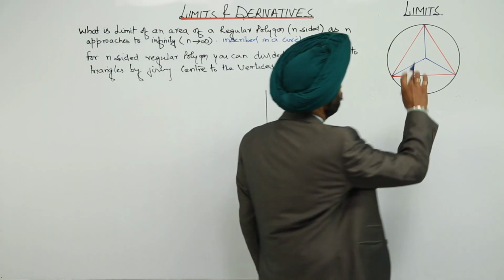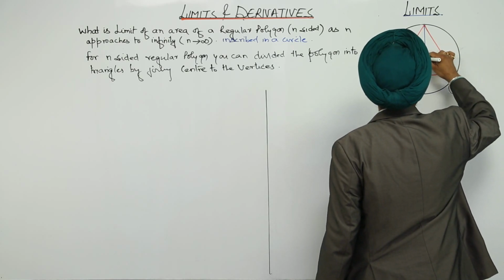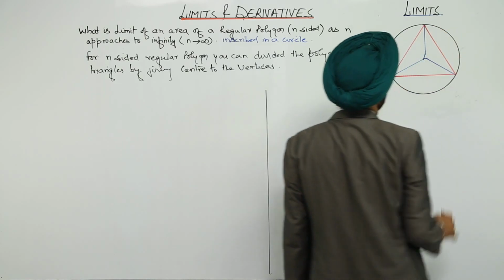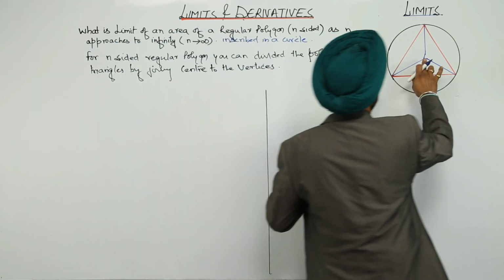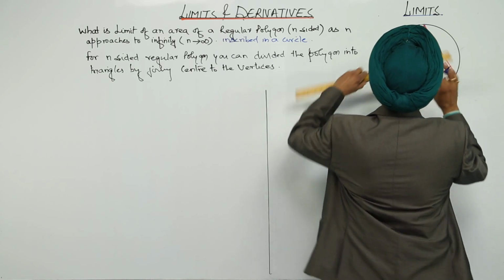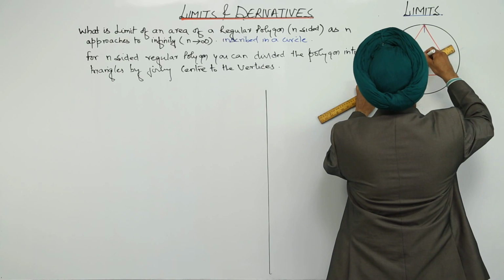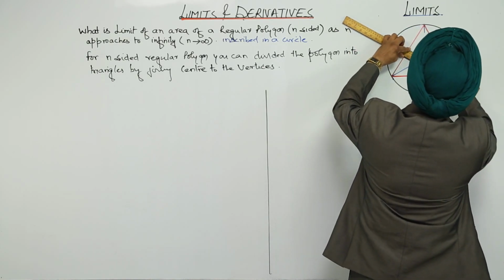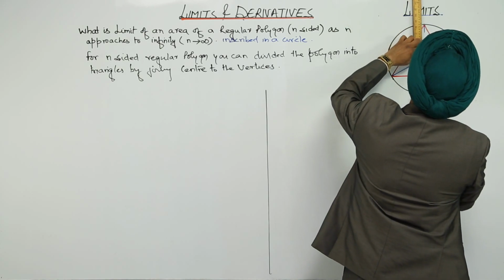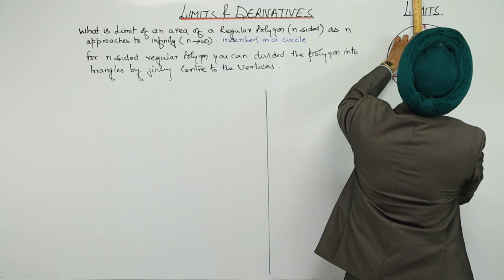Now we have joined this part, so it should be here, like this. You can use your compass when you are drawing this one if it is required, otherwise it is not required. The basic thing is just to make you understand.